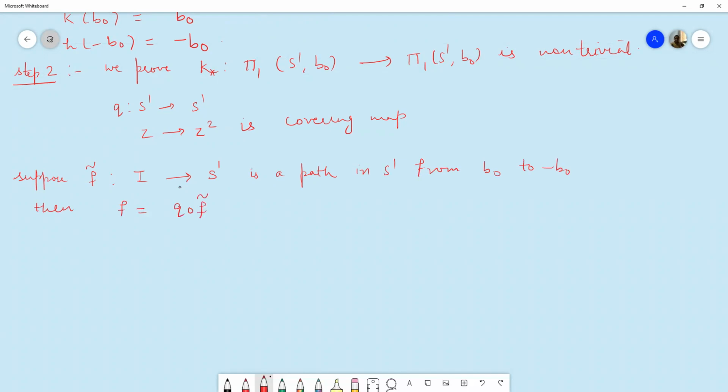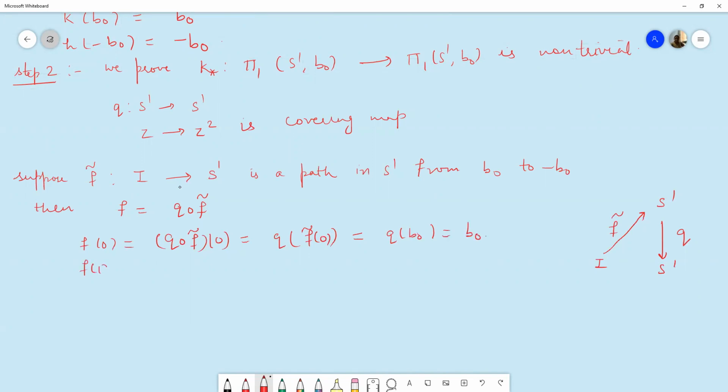Now let us take this S1 to S1. This is the given covering map Q. Now let us take this I to S1, this is F curl, and F curl is a path from B naught to minus B naught. Now if we take F equal to Q circle F curl, then F of 0 will be Q of F curl 0. Now F curl is the path starting at B naught, so F curl 0 is B naught, so it is Q(B naught), and Q(B naught) is B naught.